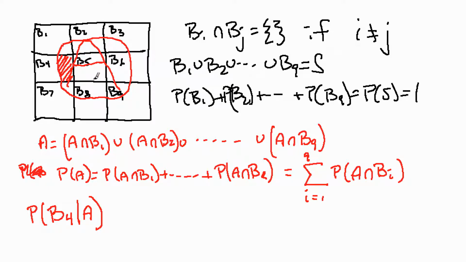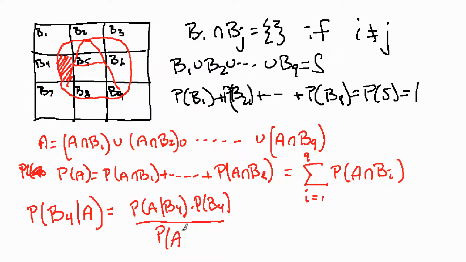Okay? But here's the thing to notice here. The probability of B4 given A is going to equal the probability of A given B4 times the probability of B4, over the probability of A. Now that may not be clear.